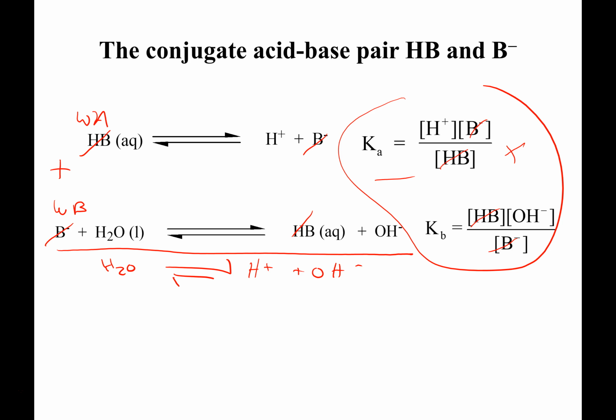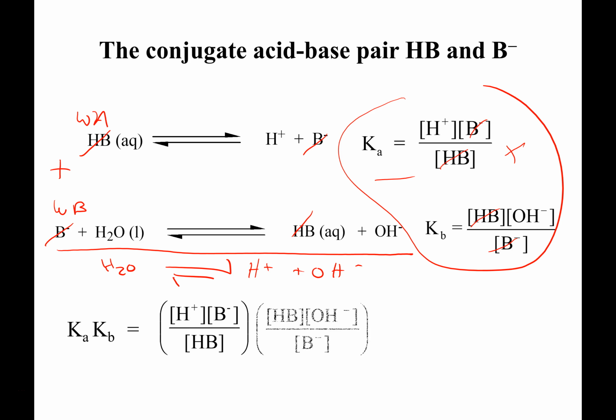So this is to say, as long as you have a matched set, they're conjugate acid-base pairs, this is going to be the case. So your Ka times your Kb is equal to these two quantities, where what cancels out are your HB and your B minuses, which is equal to Kw.